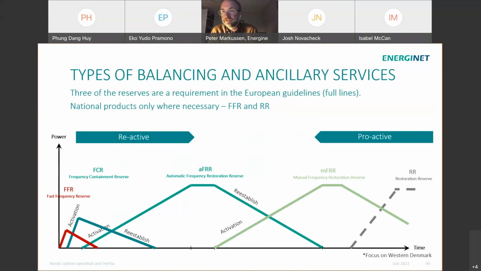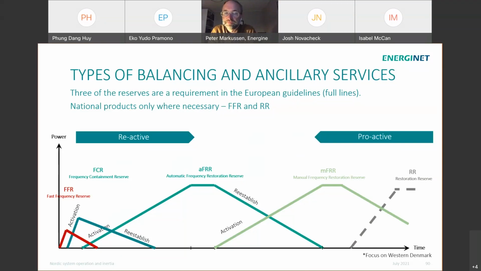In the Nordics, we have a combination of both proactive and reactive balancing. Proactive in the way that we try to foresee the imbalances in the Nordic area, and then activate MFR upfront.